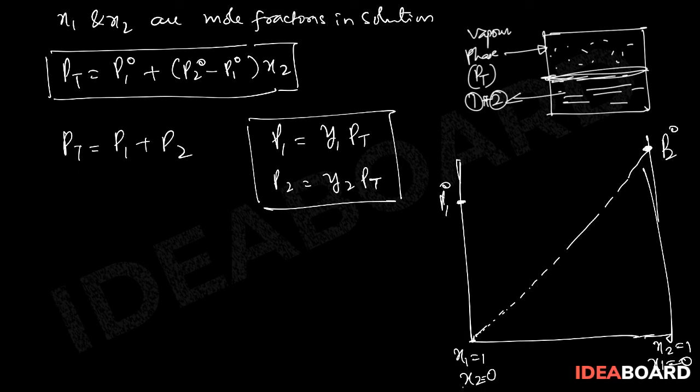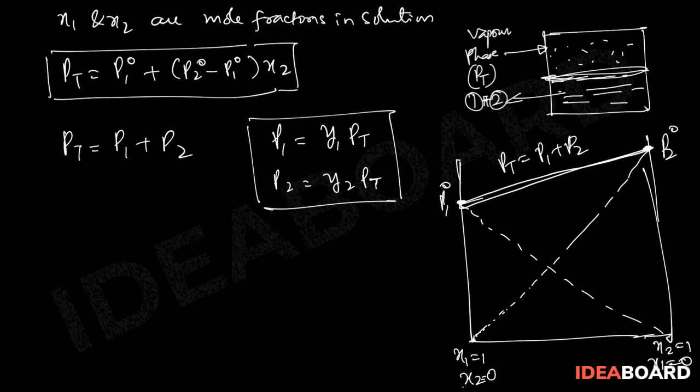So in this way we have this graph, but according to Raoult's law, it's actually the mixture of both. So P total will become this. This is actually P total is equal to P1 plus P2. So this graph indicates the variation of the total pressure of the solution at the respective composition. Okay, so that will give me the total pressure of the vapor.